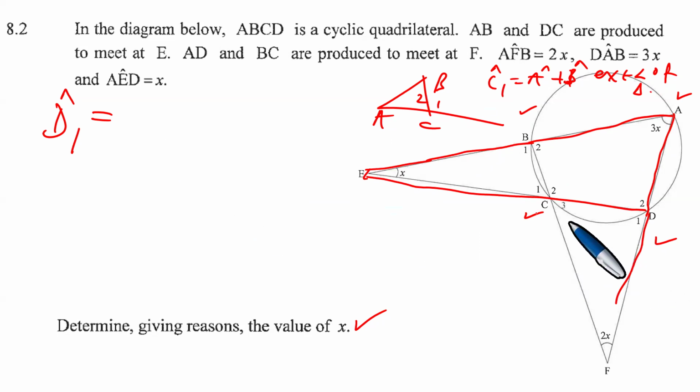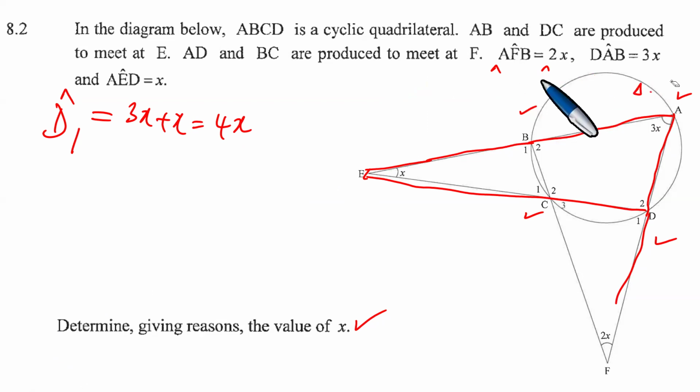So the angle D1 is going to be equal to 3x plus x, which is 4x. Why is that? From grade 10, it is the exterior angle of a triangle.